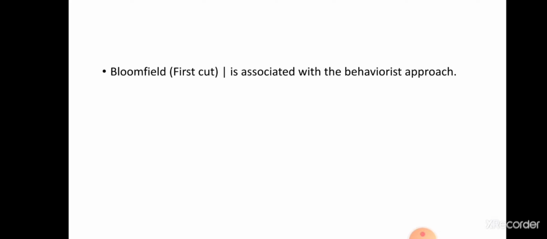I have another video on predicate, predication, predicator. You could experience that too, but we are with this sentence right now. So the first cut is made between the subject and the predicate.